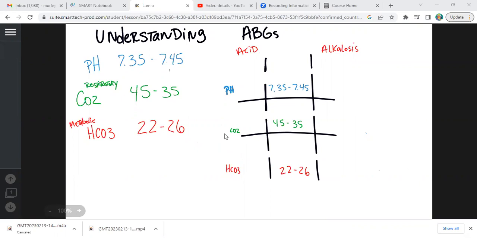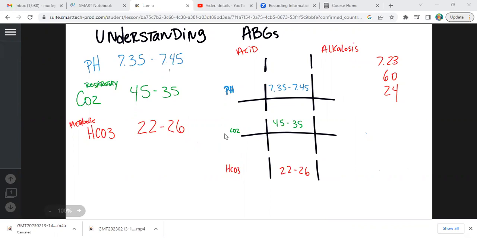All right, this one says 7.23, 60, and 24. Are they compensated or not compensated?